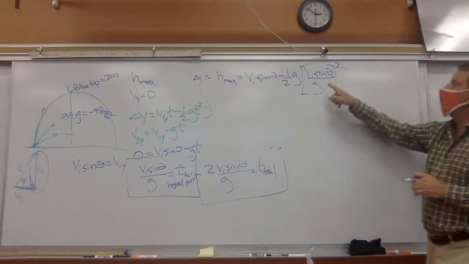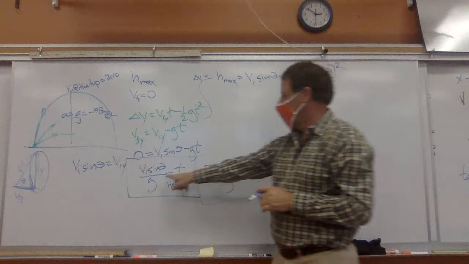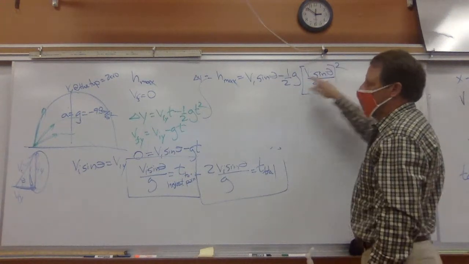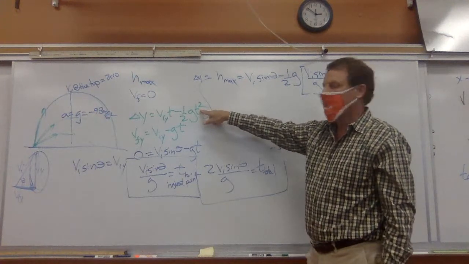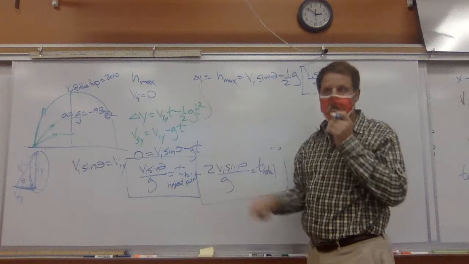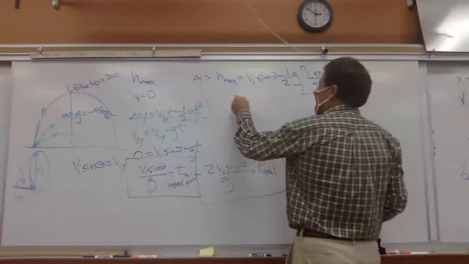Because no, this is still half the time. Well, it's the entire value of time for that. Correct, this is the entire, because we have a t squared. So this is still just the time to the top, because we're looking for maximum height. All right.